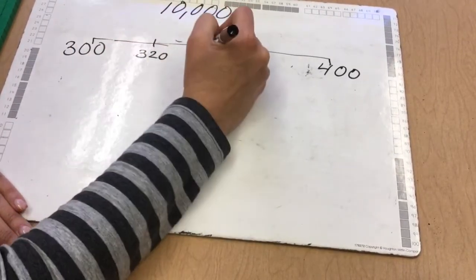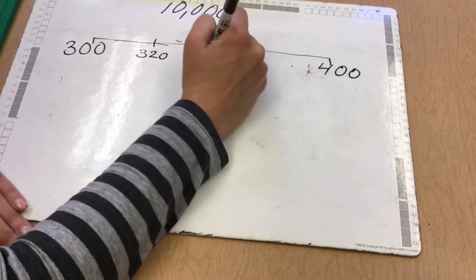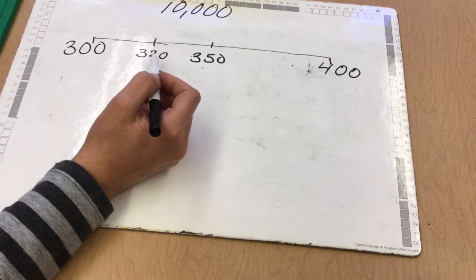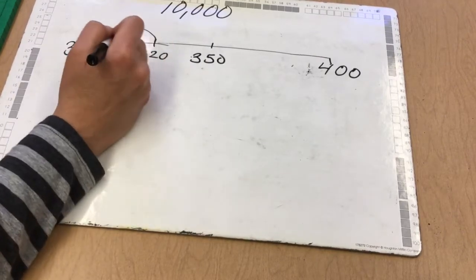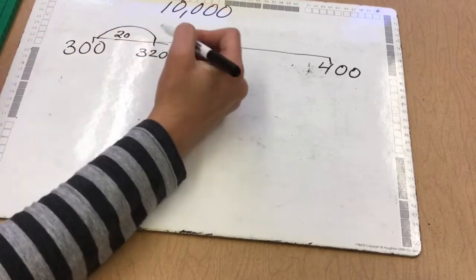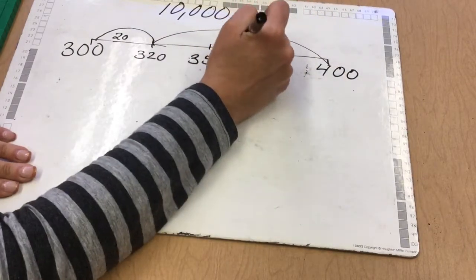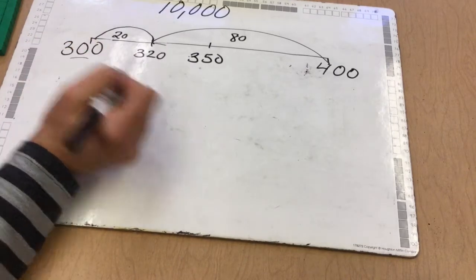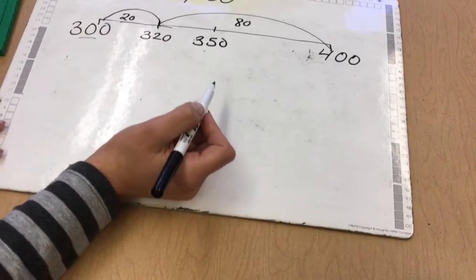I also like to put the midway point, 350. So then the question is, which number is 320 closer to? Well, it's 20 jumps away from 300, but it's 80 jumps away from 400. Also, it's less than the midway point, so you must round it down to 300.